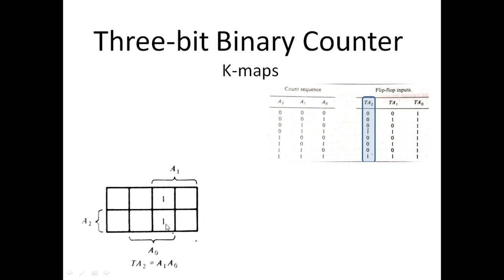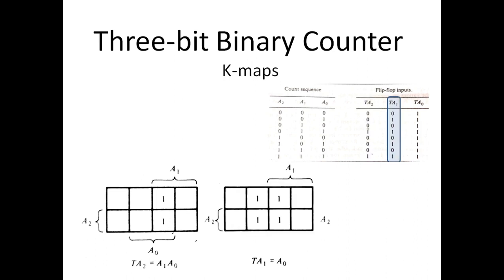The rest of all minterms are 0, and these 2 squares are 1. So when we group them, there is a single 2-square group, and the equation for TA2 becomes A1 and A0, which is written here. TA2 is equal to A1 A0.